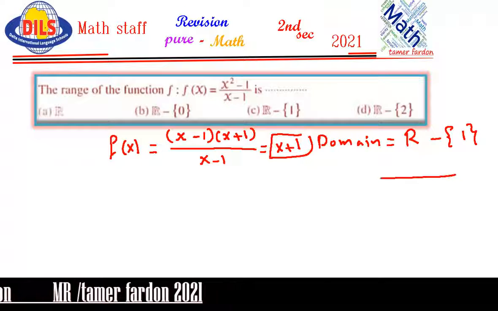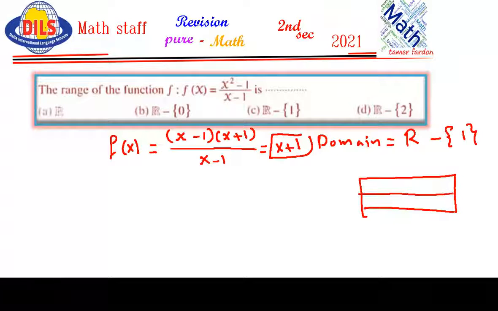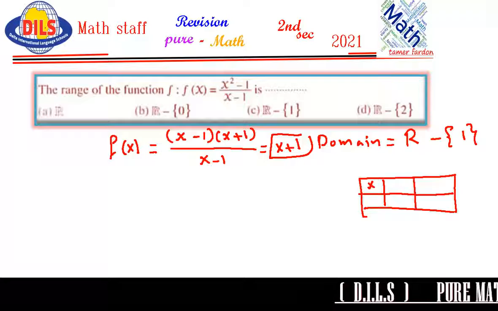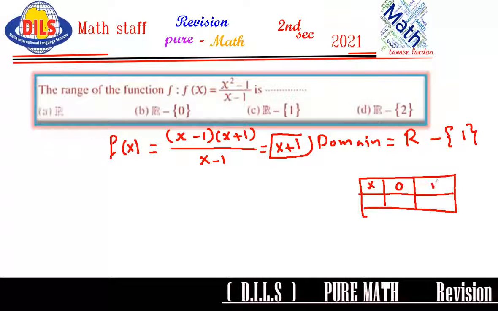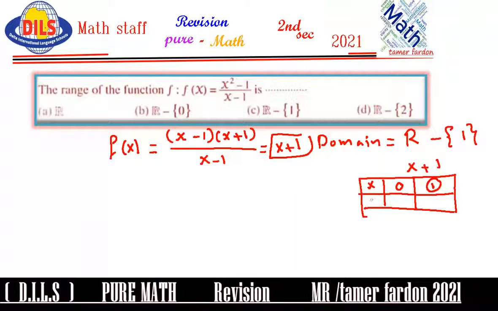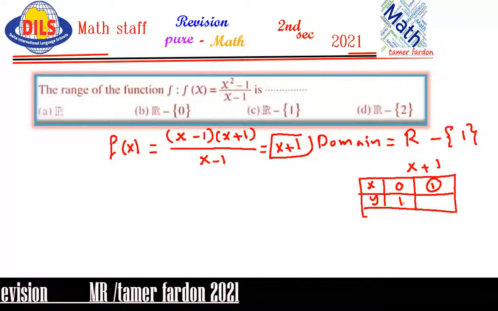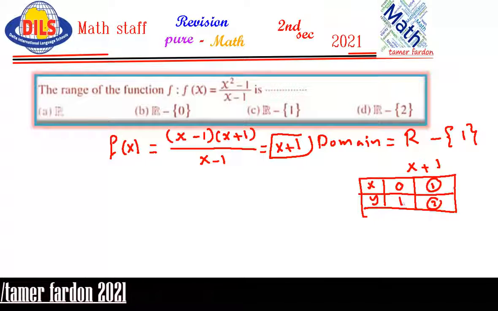So we can represent f(x) by taking x equals 0 and 1. We get 0 plus 1 is 1, 1 plus 1 is 2.